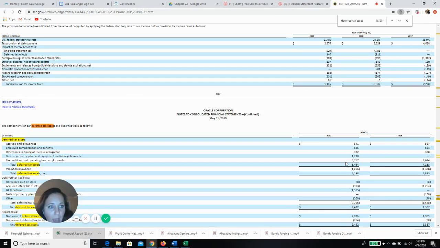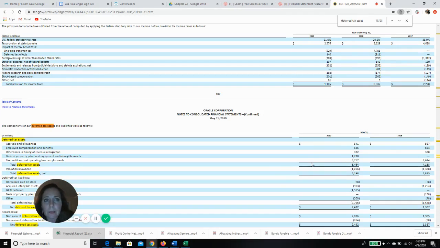So it looks like we had about a $1.1 billion increase because of tax credit and net operating loss carryforwards, and a $1.2 billion increase because they changed the basis of property, plant, and equipment and intangible assets. And the basis is basically what it's sitting on your books at, although this would be the tax books.